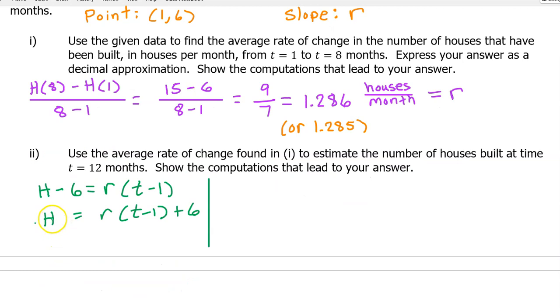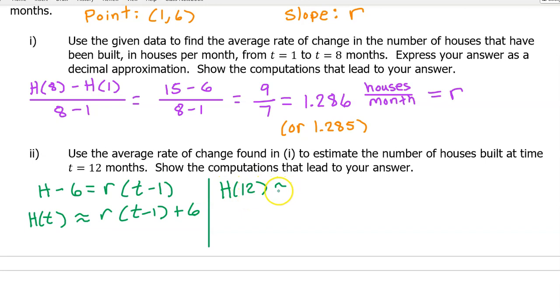Let's switch to function notation and write h of t instead of just h. Also, this secant line equation is an approximation, so let's use this wavy equal sign that means approximately. Now let's estimate the number of houses built at time t equals 12 months. In other words, let's find h at 12.